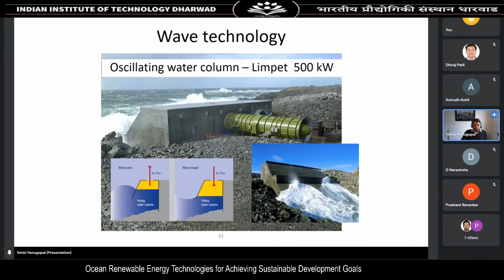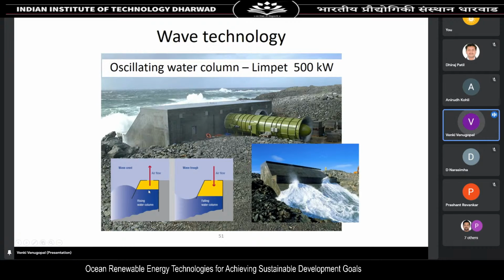An oscillating water column device. This is a shore-based device, and when the waves approach the structure, the water level inside the chamber of the OWC moves up and down, and that compresses the entrapped air. When the air is pushed out through a Wells turbine, it starts producing electricity.